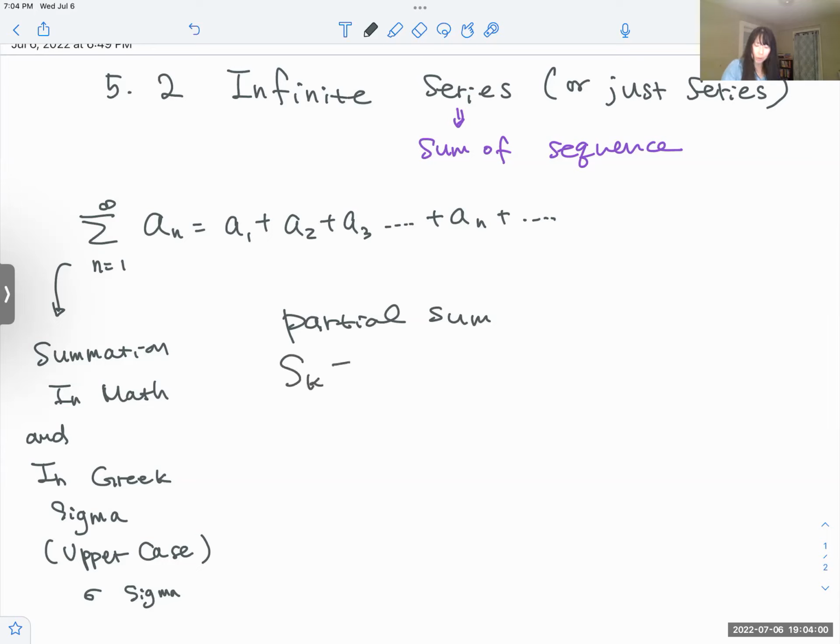Partial sum, which is sigma from n equals 1 to k. So a sub n, look, I should not use n here because we already have n there. So let's make a dot, dot, dot.